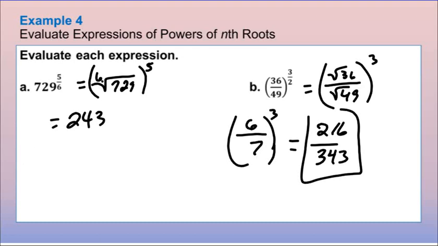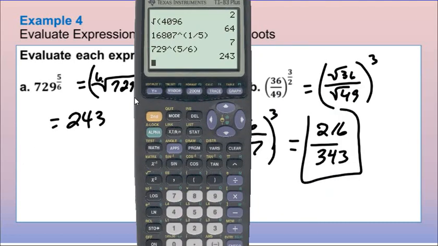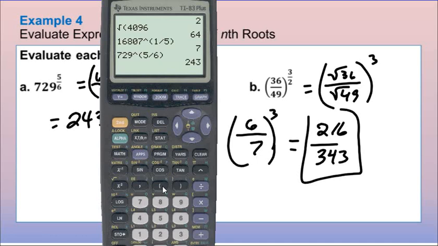If I go back to my calculator and put that in, let's do parentheses 36 divided by 49, end parentheses, raised to the parentheses 3 divided by 2, end parentheses. We get a decimal, but if I hit math, hit number 1, fraction, there's your 216 over 343.